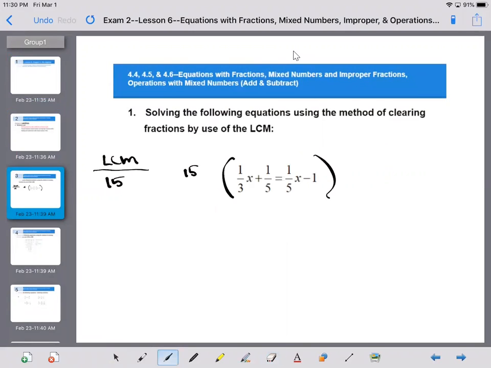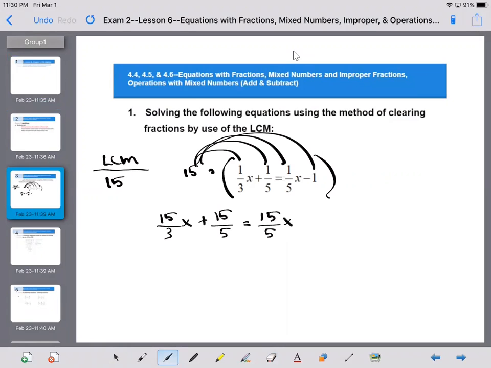So we would multiply 15 to every term in the equation. So that would give us 15 thirds x plus 15 fifths equals 15 fifths x minus 15 times -1, which would be -15. So then we're just going to simplify everything.